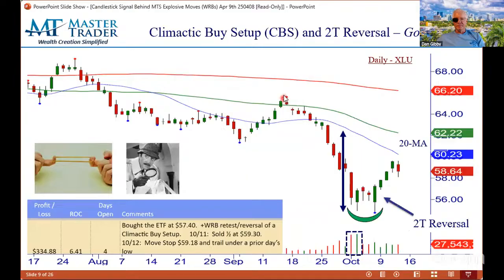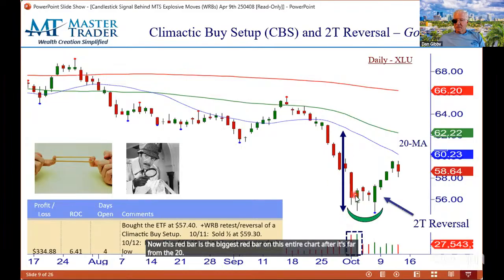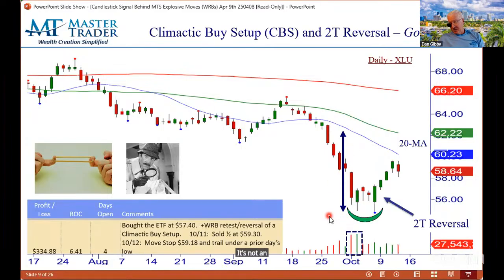This one here, this is what we call a climactic buy setup. Now, this red bar is the biggest red bar on this entire chart, and it's far from the 20. It's not an action bar, but it says, hey, start paying attention, the last of the Mohicans are starting to sell.